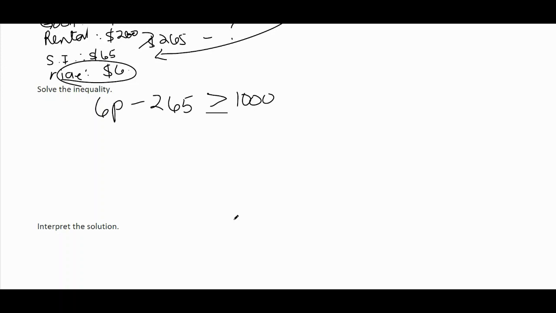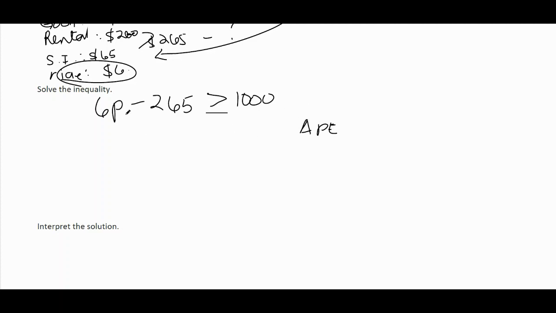So now we can solve for it. Always remember, you have to make sure that 6P is only on one side of the inequality, just like how we solve equations. So we need to remove this negative 265, and how? Using APE, or addition property of equality.